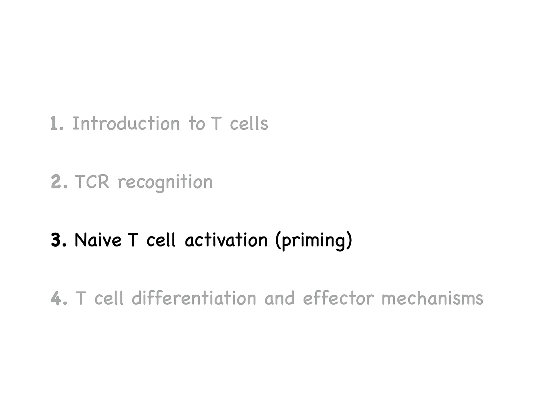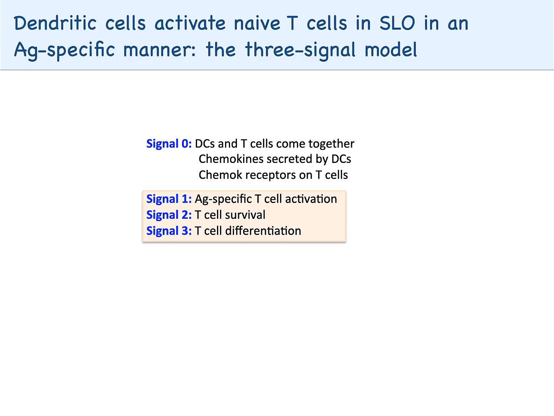Okay, so now we have already seen the basics of T cell receptor recognition. Now we will look at naive T cell activation, or what we call priming of naive T cells. In the priming of naive T cells, dendritic cells play a very important role.